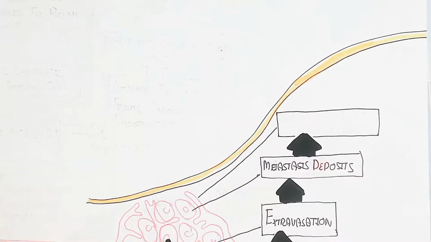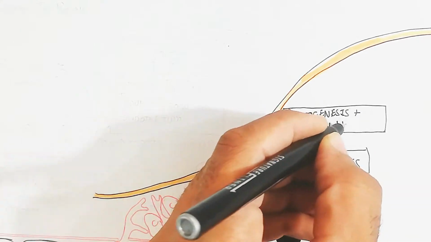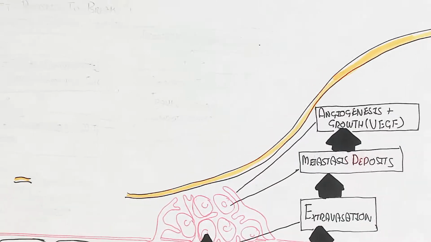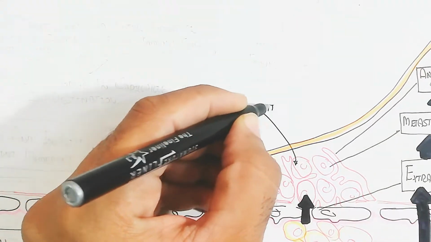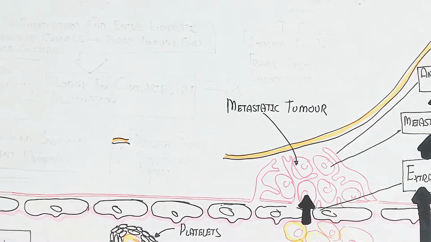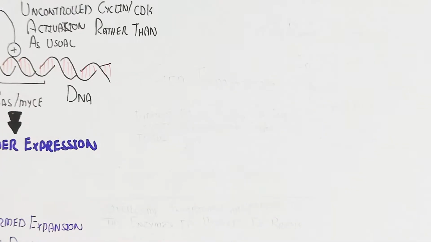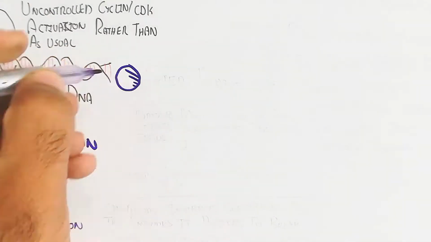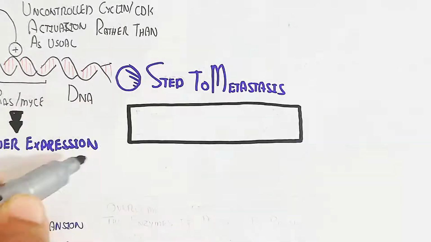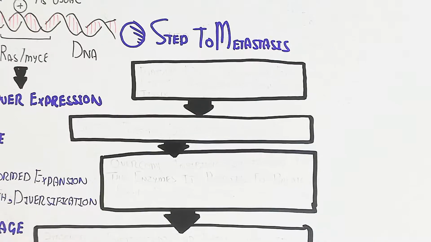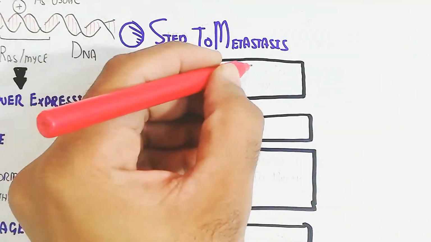In this way, angiogenesis plus growth, with vascular endothelial growth factor involved, leads to metastatic tumor formation in another place of the body, due to the dispersion of the cells in the blood circulatory system. This is metastasis stage 4, which is incurable. Now we will discuss the steps of metastasis in summary.